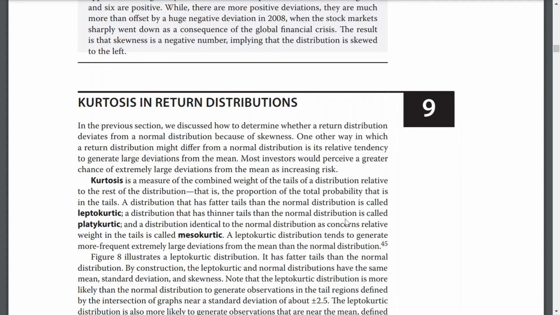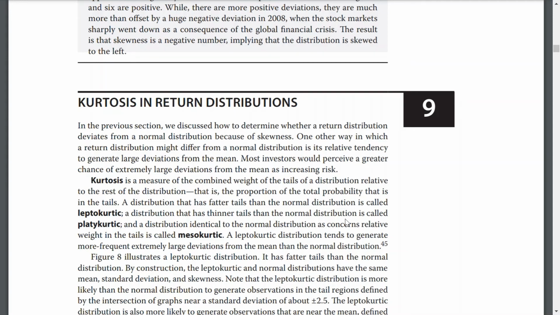Most investors would perceive a greater chance of extremely large deviations from the mean as increasing risk. Kurtosis is a measure of the combined weight of the tails of the distribution relative to the rest of the distribution, that is, the proportion of the total probability that is in the tails.